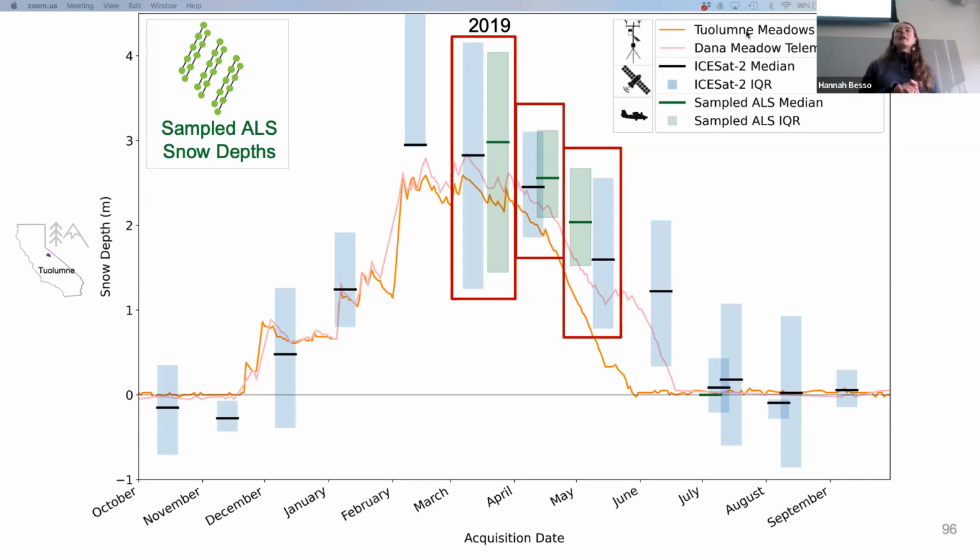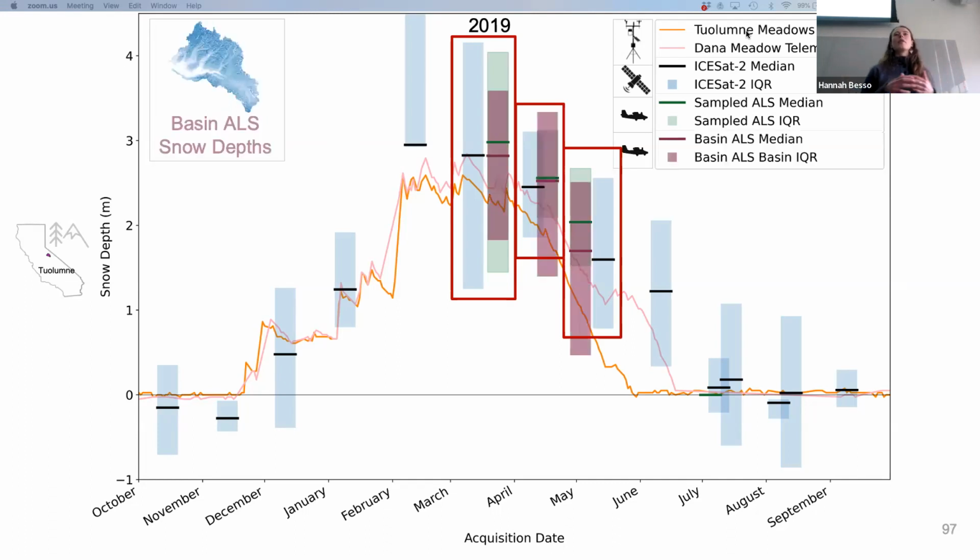The aerial LiDAR data that I'm showing here is the data that was sampled at each specific location that ICESat-2 reports an elevation measurement. So remember, it's every 20 meters we get an elevation point. But we can also compare our aggregated ICESat-2 snow depth data to the snow depth in the entire basin. So here in purple, we're looking at data that was aggregated from the aerial LiDAR survey for the entire Tuolumne Basin.